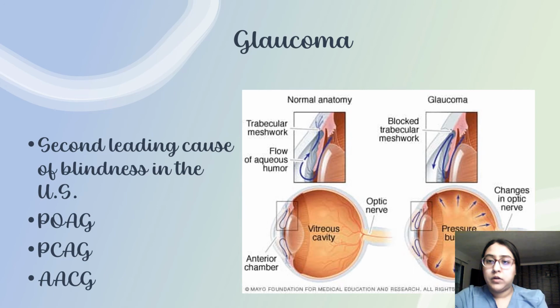Primary open-angle glaucoma is the most common and causes optic nerve damage. It progresses slowly and is usually noticed when the person has lost peripheral vision. This is known as tunnel vision.